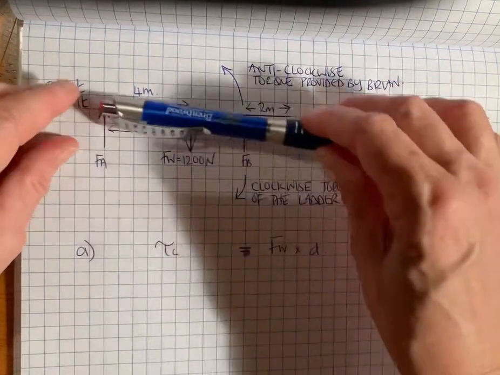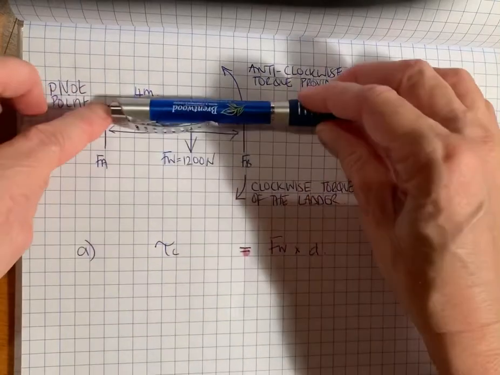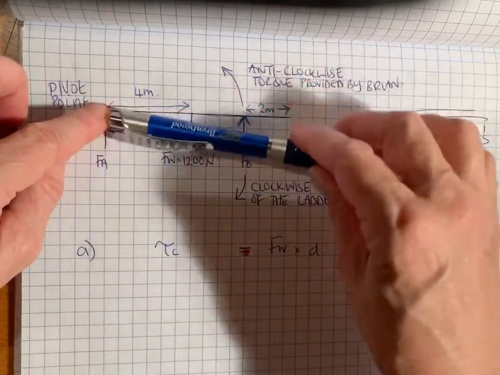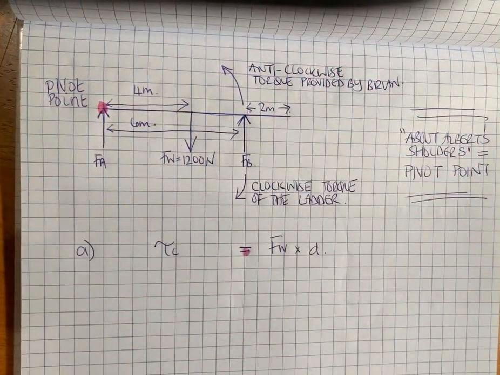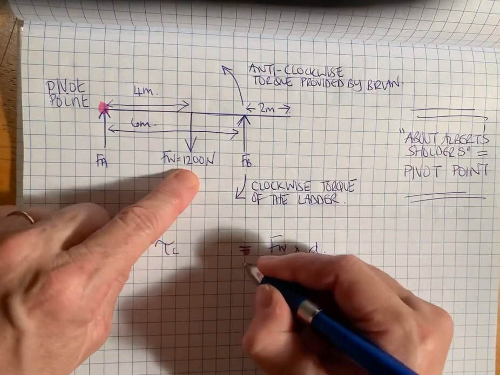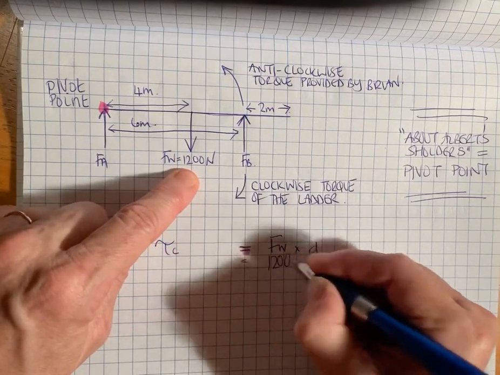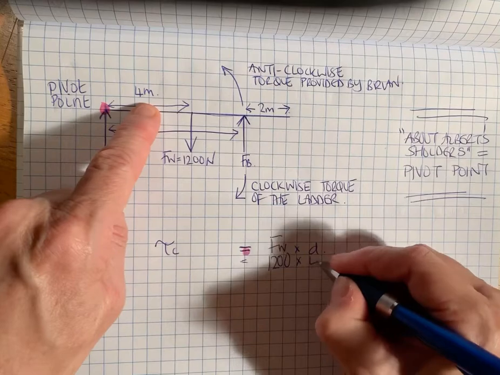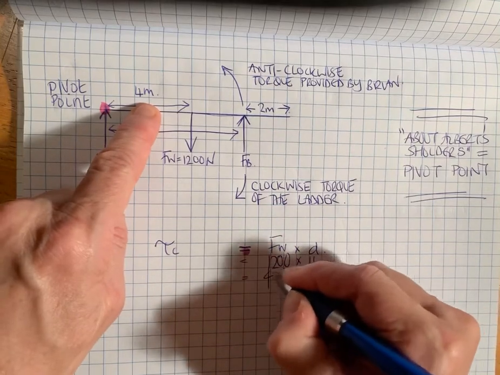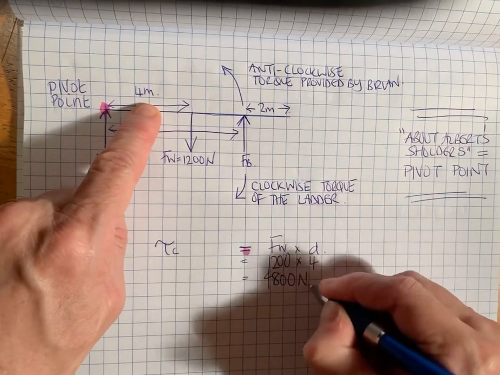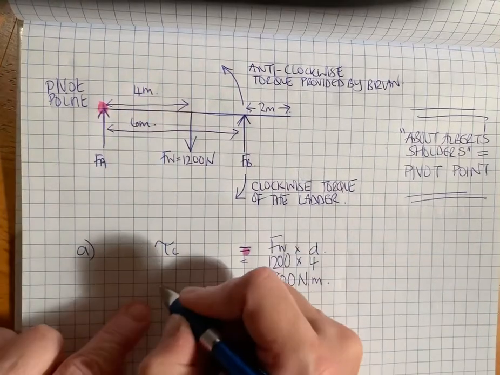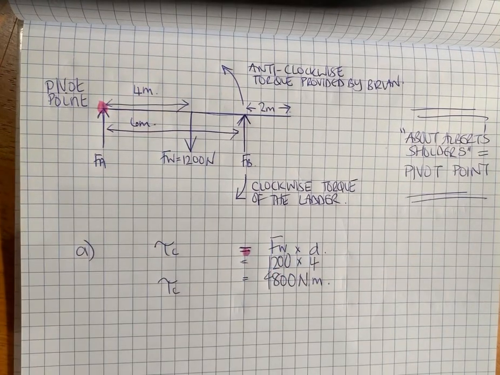So that's why we know we have to pin it there, because that's the only way we're going to get the ladder coming in a clockwise direction. And so it's weight force, which is 1200, times distance, which is 4. So that's 4,800 Newton meters is the clockwise torque provided by the ladder.